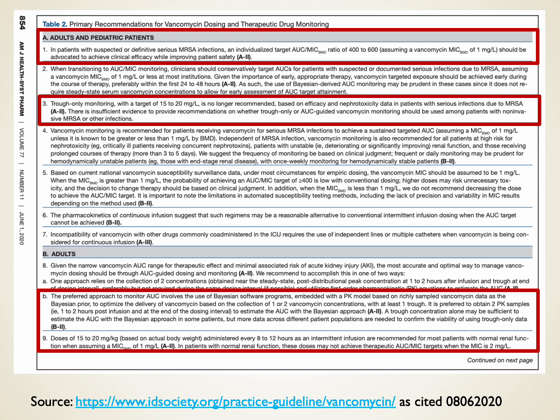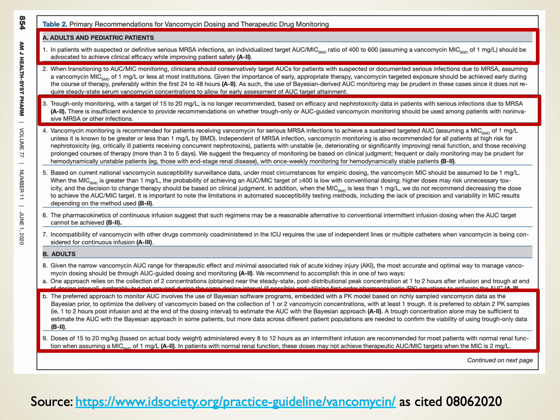And we really try to get to a point of 400 to 600 for that area under the curve. And keep in mind, the area under the curve is just a mathematical calculation or an estimate of how much of that dose over time is above this minimum inhibitory concentration of 1, which is considered to be the breakpoint for most MRSA infections when we're using vancomycin.